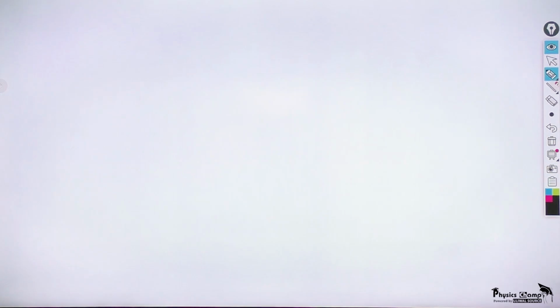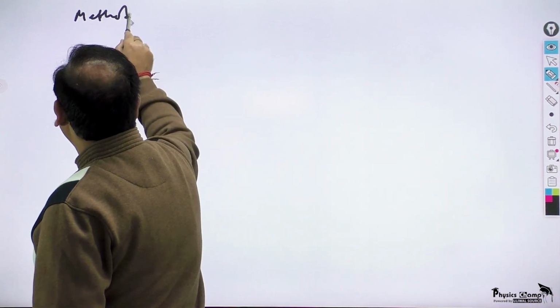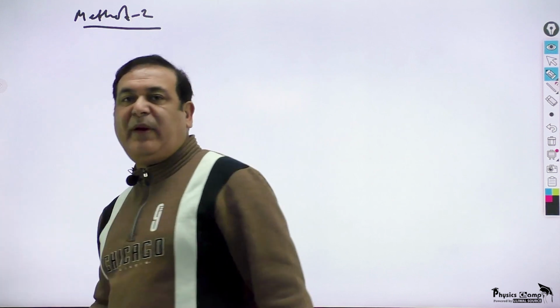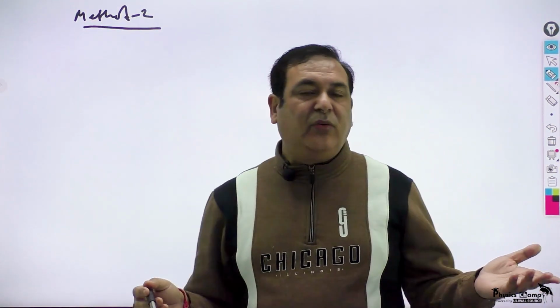Now in order to find the capacitance of spherical capacitor, I have another method. I am sure the first method would be always preferred by you, but you should know this method also. In this method too, I am going to make use of integration.